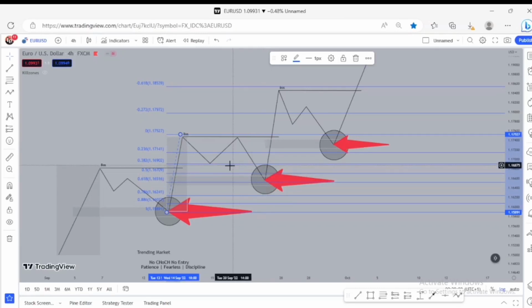Sometimes price can also tap your 38.2, but I don't like entering my buy setup on this type of level, because sometimes price can tap it and go up a little bit, and then it will come back to mitigate that level. That's why the best level to take your buy setup on a higher time frame is 50% of the impressive move, or 61.8 of the impressive move.